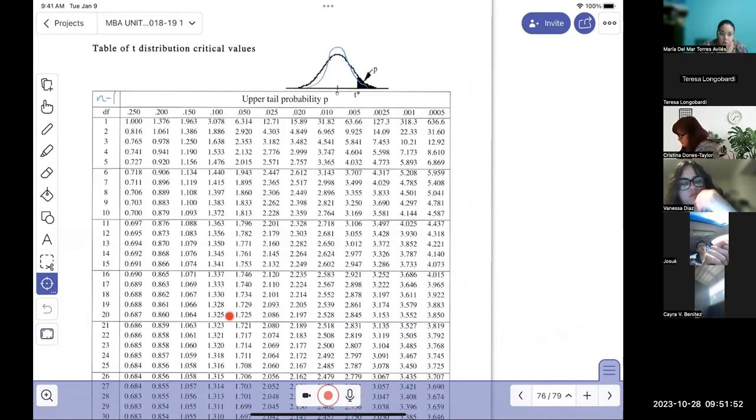This is opposite again from the Z table. Rather than being on the margins, the t-scores are inside the table. So we look inside for 1.5 and we don't find it, but we find these other numbers. So let's mark these other numbers: 1.328 and 1.729.